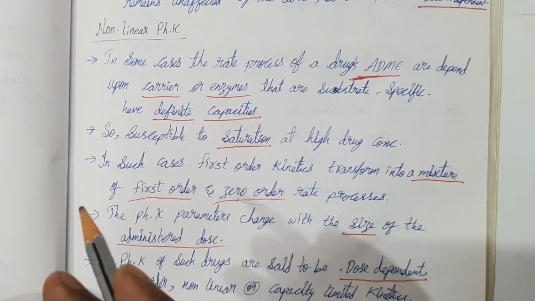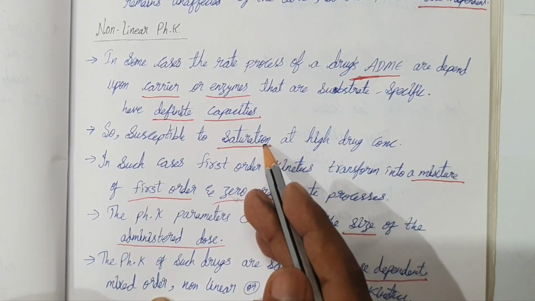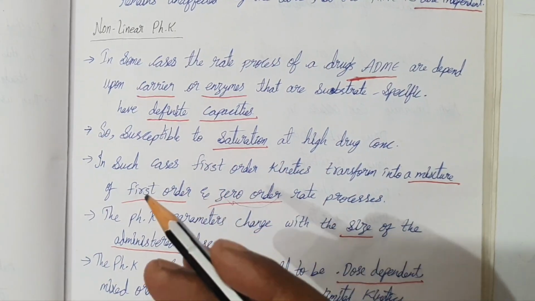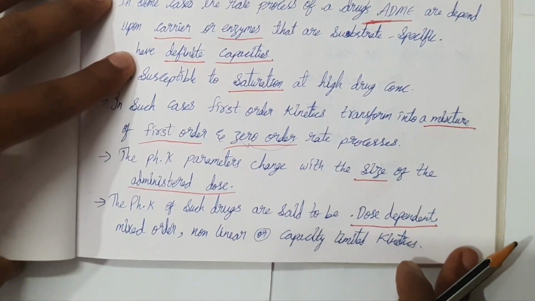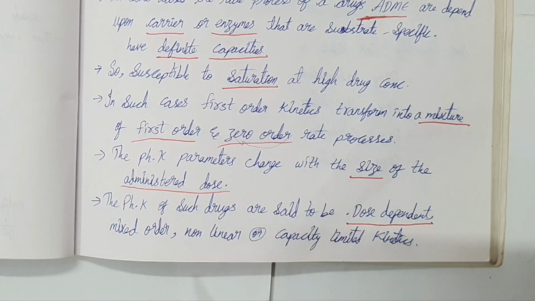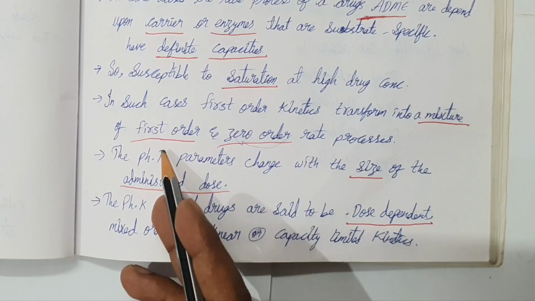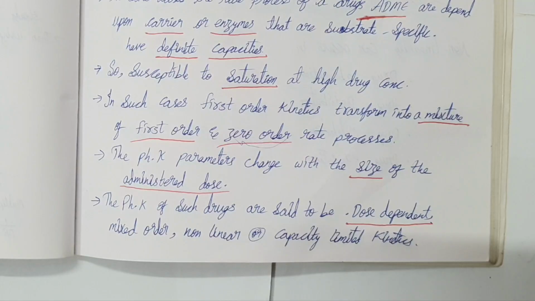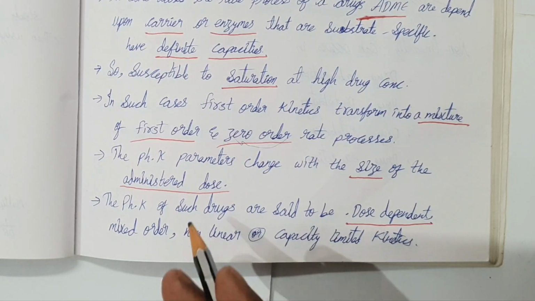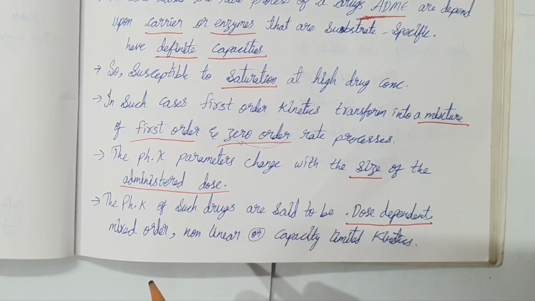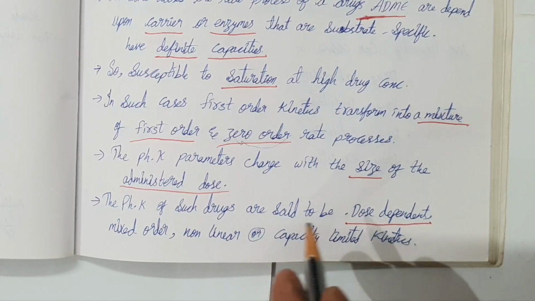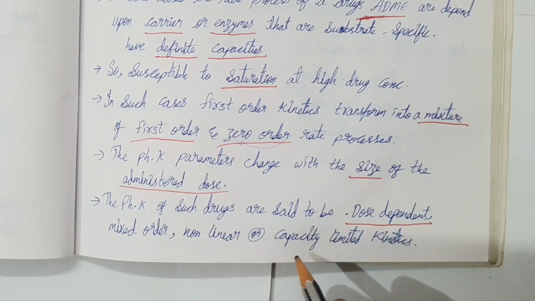So at higher doses they become saturated and the body cannot handle the extra drug in the same way. As a result, the drug may shift from first order to zero order. The pharmacokinetic parameters change with the dose. We call this dose dependent, mixed order or capacity limited kinetics.